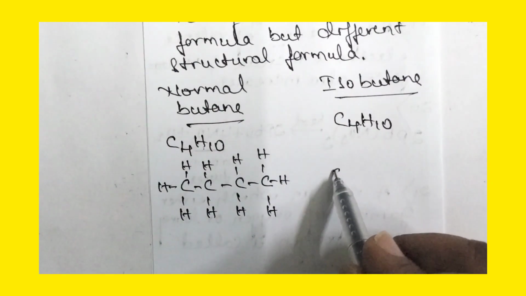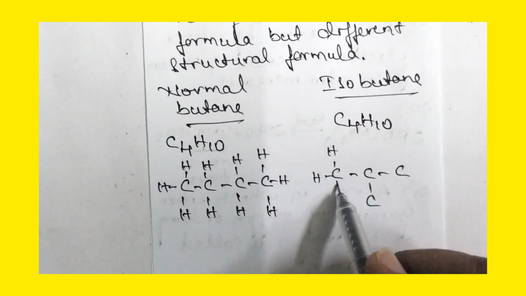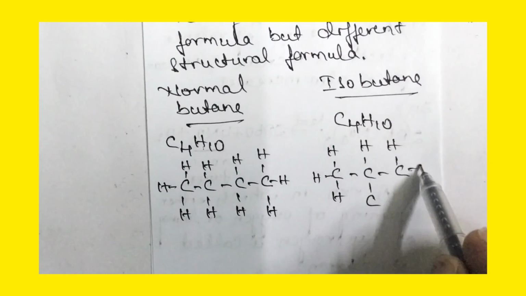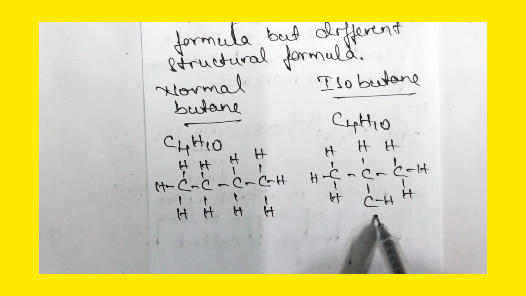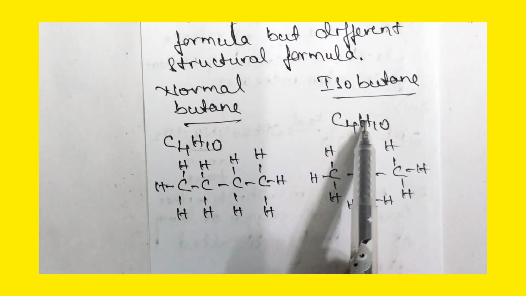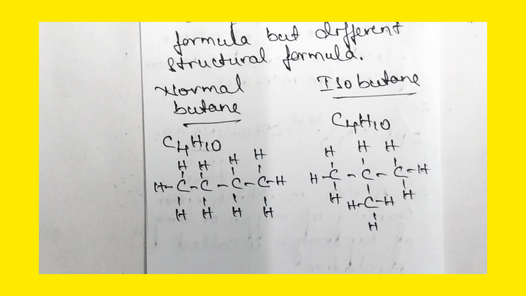Now let us write the structure. 1, 2, 3. Here one branch. So hydrogen 1, 2, 3. Here one hydrogen, here one, here one. Then for this carbon 1, 2, 3. Both have the same molecular formula, but different structural formula. So this is called the structural isomers of butane.